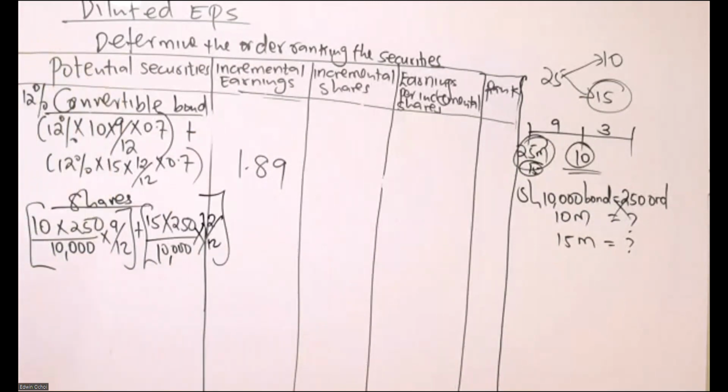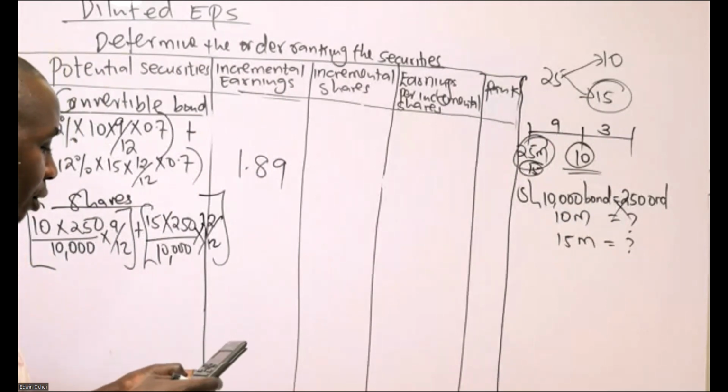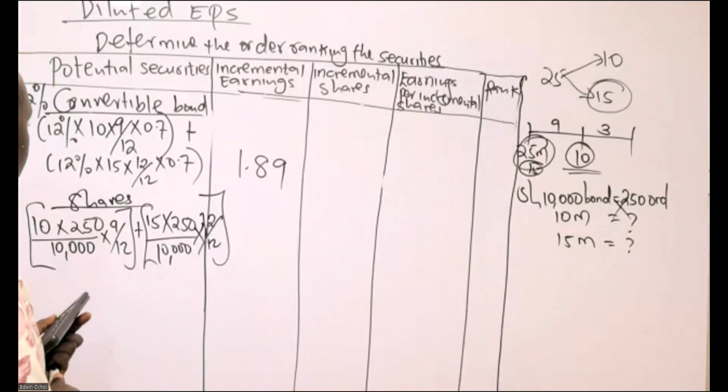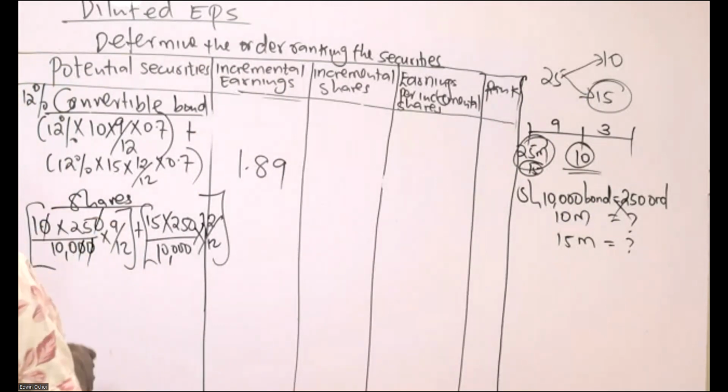So what do we have? If we take 10, we can even reduce and avoid wastage of time. This goes with this.